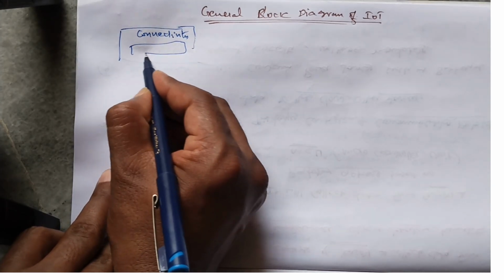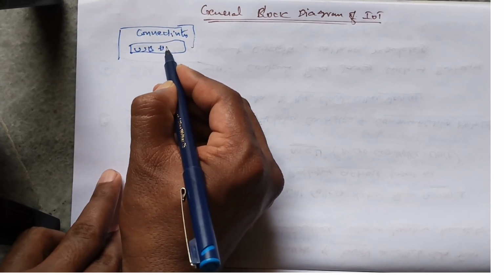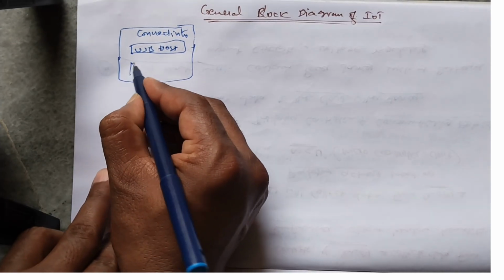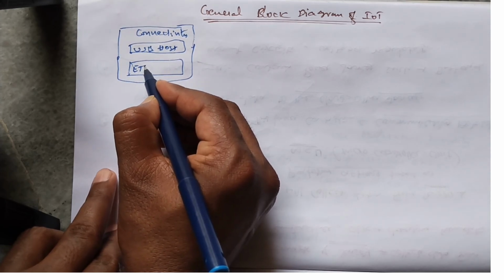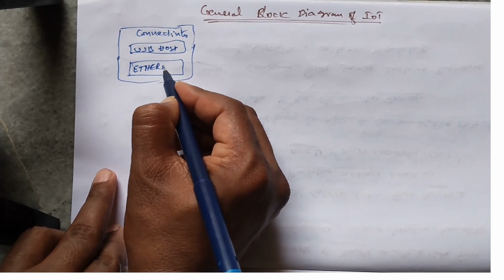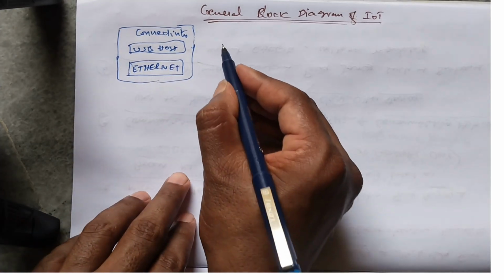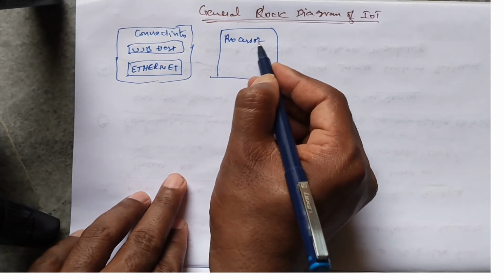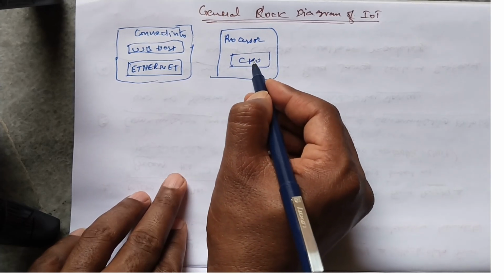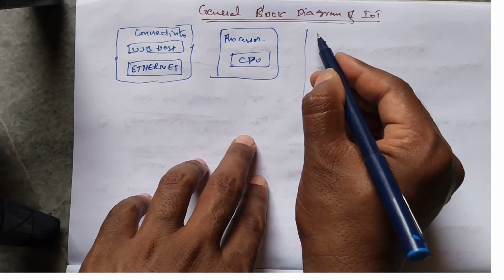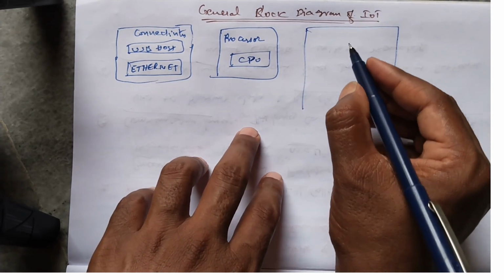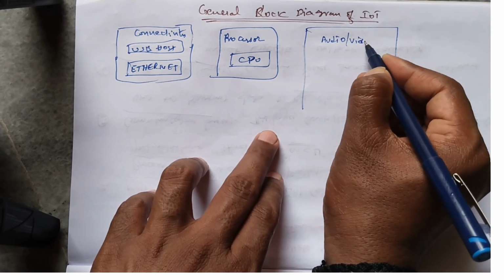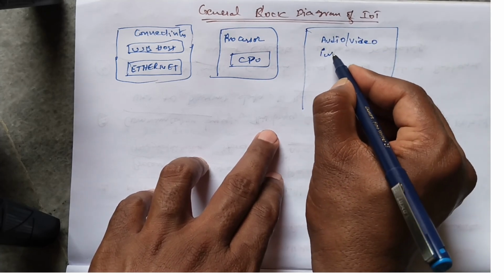It contains two parts: USB host and Ethernet. The next layer contains the processor, and the processor contains the CPU. Next is audio and video interfaces.